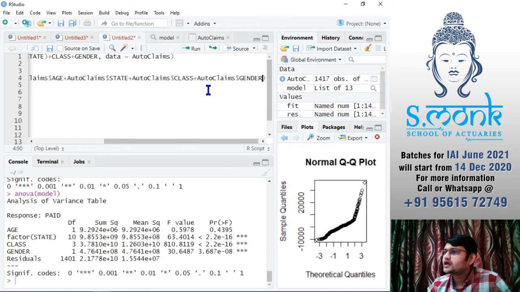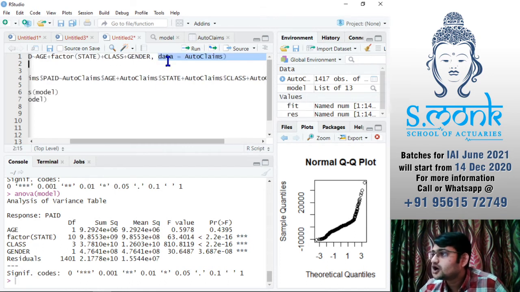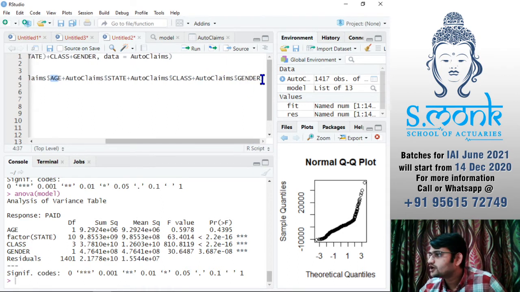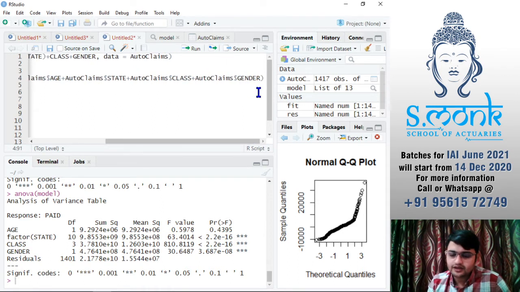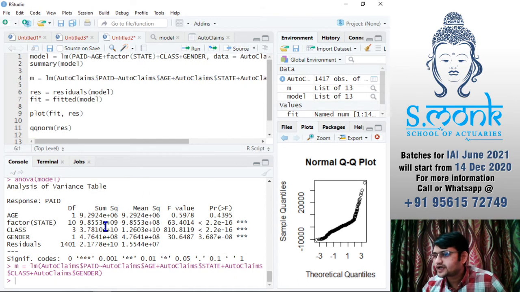Then you do not have to specify data; rather you should not write data, because it has already said go to this particular data and then use this particular variable inside the data. So this is how your formula will look, and if I press Ctrl Enter, it will be exactly the same one. Model M will also be exactly the same as this model. Two ways of writing the formula.